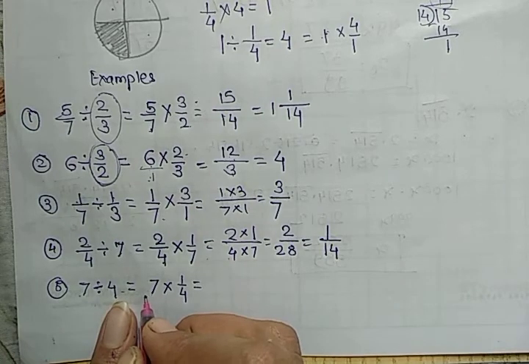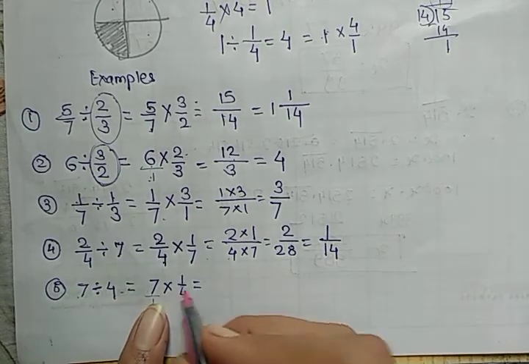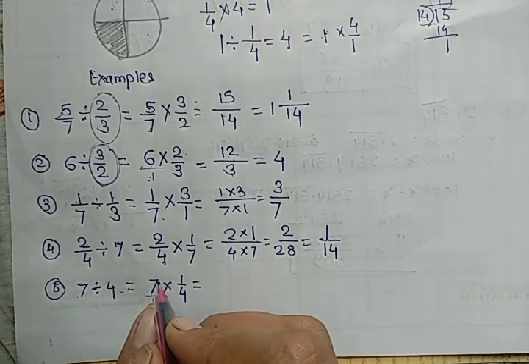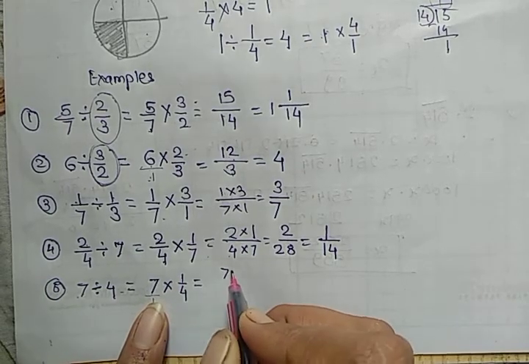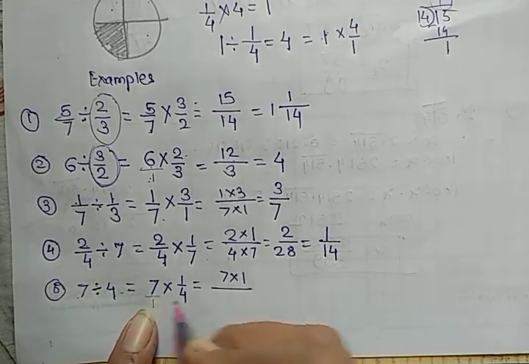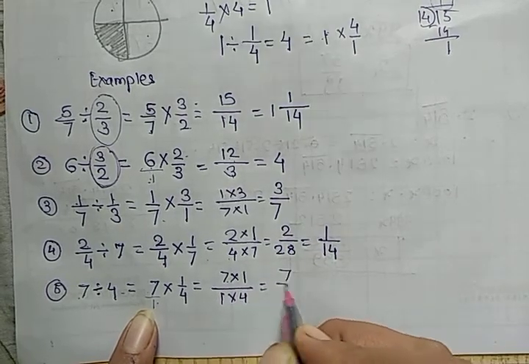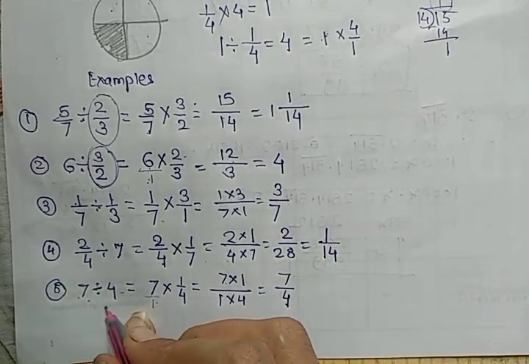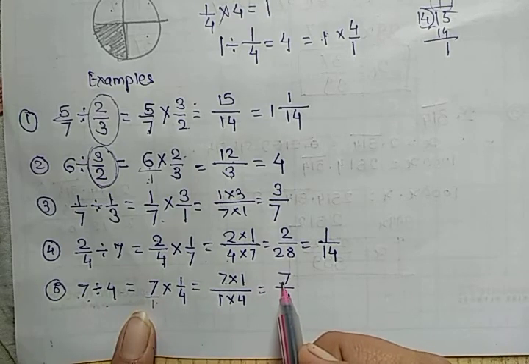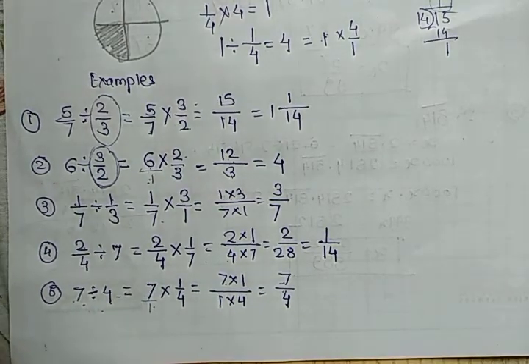Now here there is no denominator, it means there is 1. Now the multiplication of numerator with numerator, that is 7 into 1, and 1 into 4. 7 ones are 7 and 4 ones are 4. So the answer is 7 upon 4.